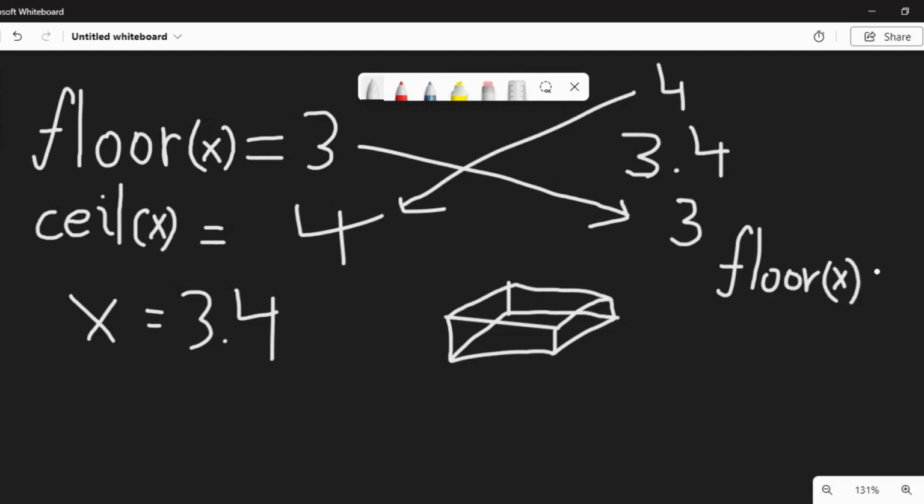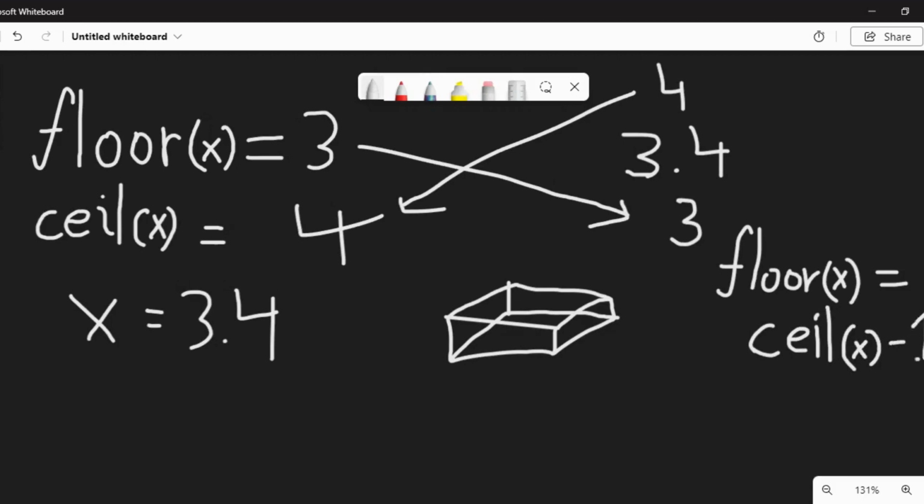But you have to have something that goes well with a floor, so a ceiling makes sense, right? So regardless of what the real number is, the floor of x will give the bottom value and the ceiling of x the top one.